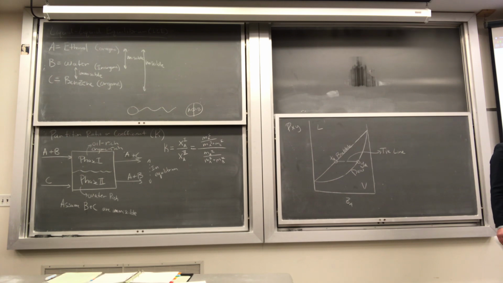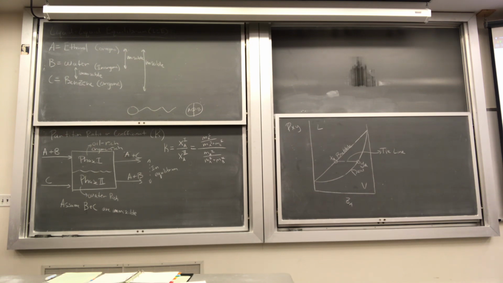At what composition will a second phase form? Okay? So I have 100% C. I'm titrating A. So should I go this way? No. Should I go this way? Should I go this way? Yes. Okay, so I add a little bit of A, a little bit of A, a little bit of A, and I hit the phase boundary. That's when a second phase would form with a different composition.